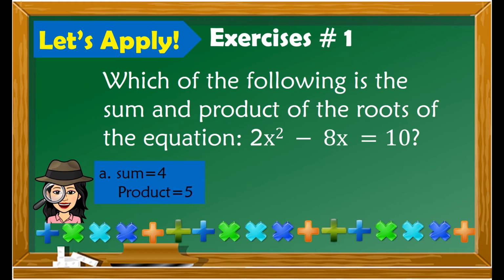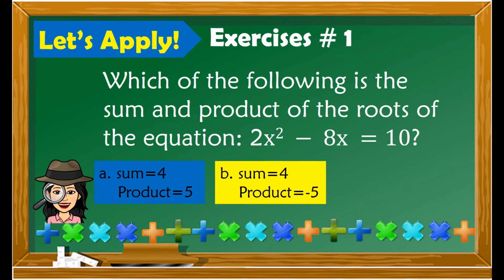Is it letter A, sum is equal to 4 and product is equal to 5? B, sum equals 4 and product equals negative 5? Or C, the sum which is equal to negative 4 and product which is negative 5.